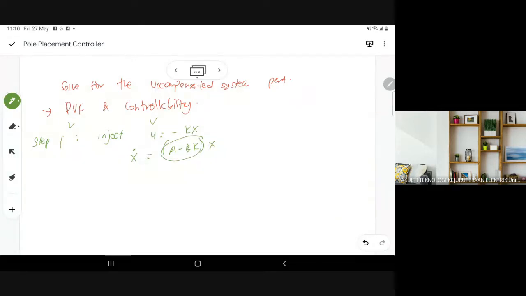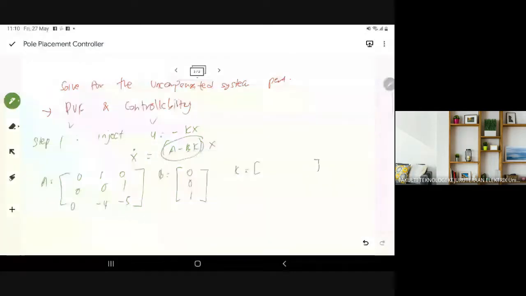According to our previous answer, our A matrix is 0, 1, 0, 0, 0, 1, 0, minus 4, minus 5. Okay, and then our B matrix is 0, 0, 1, and our K matrix.